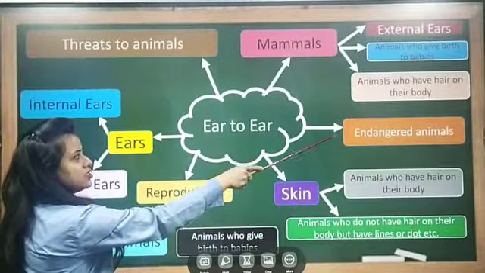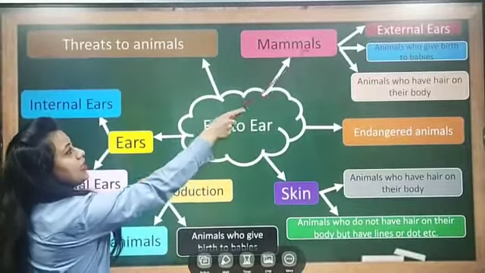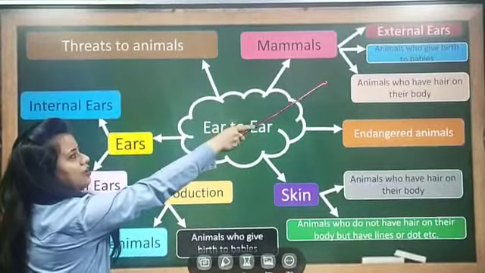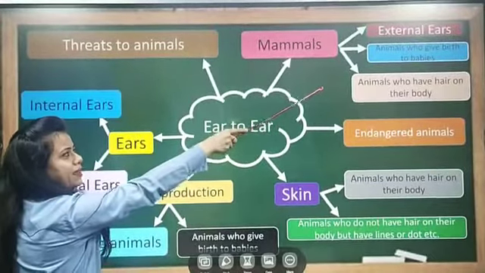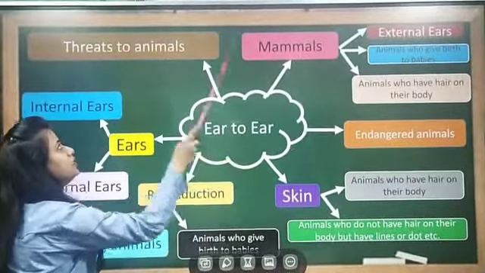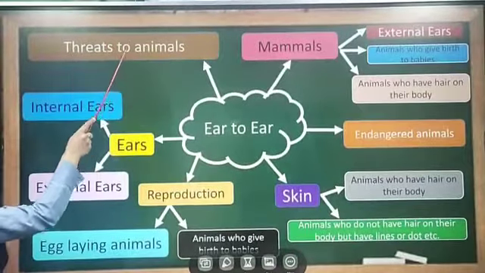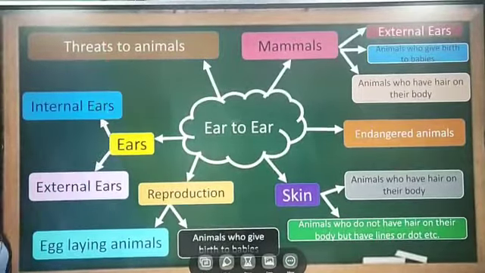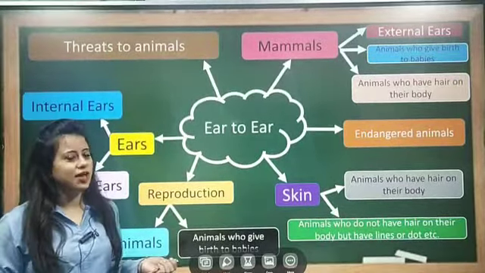Endangered animals. Mammals, external ears, animals who give birth to babies, animals who have hair on their body. Threats to animals. So kids, let's just start with the chapter.